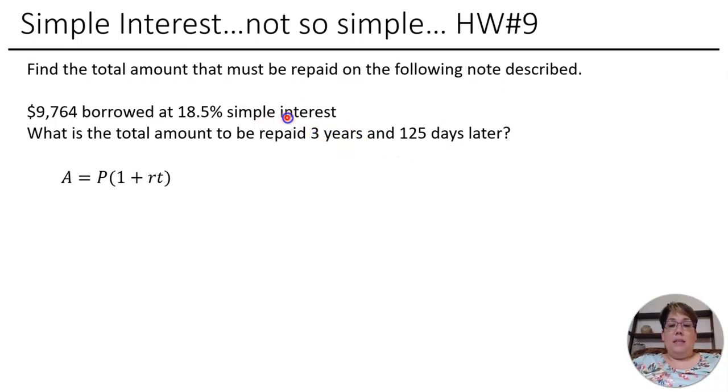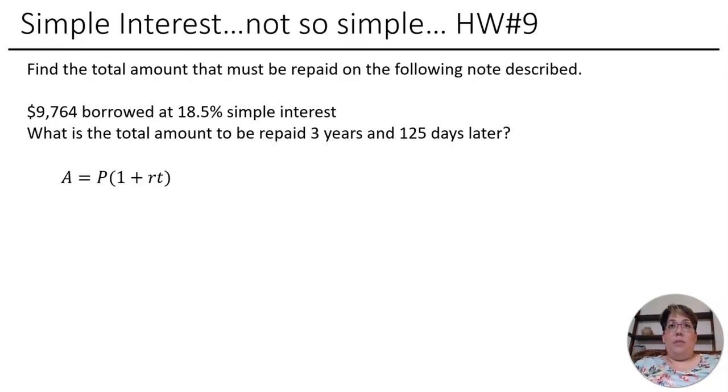So if it is simple interest or compound interest, which we hadn't talked about compound interest, but either simple or compound, you are going to use the magic number of 360 instead of 365.